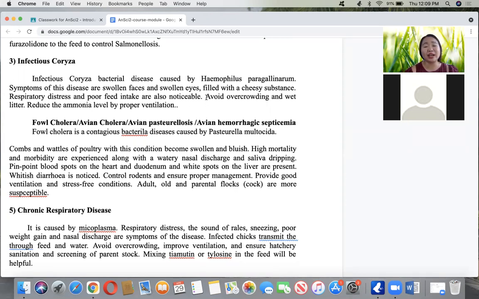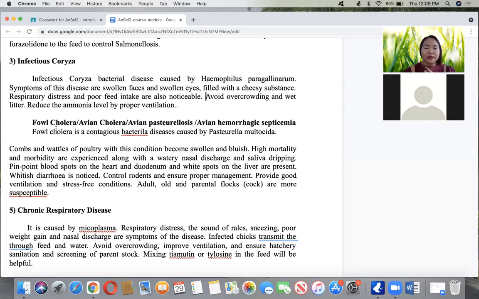What I know is that when an animal has a disease, whether bacterial, viral, and so on, they don't like to eat. That is noticeable. Avoid overcrowding and wet litter to reduce infection, and also reduce ammonia level by ventilation.